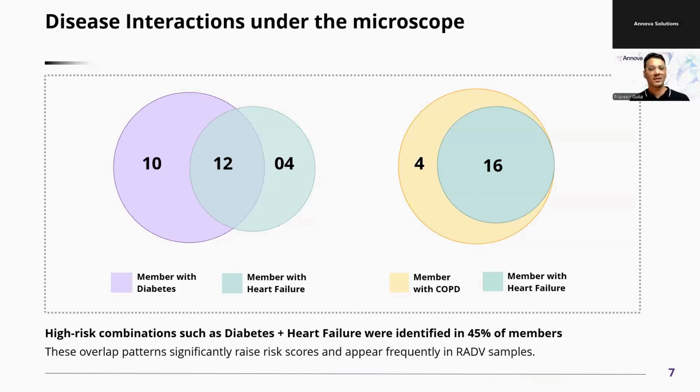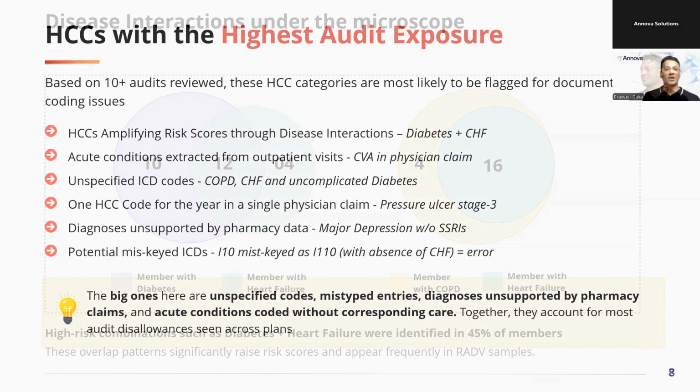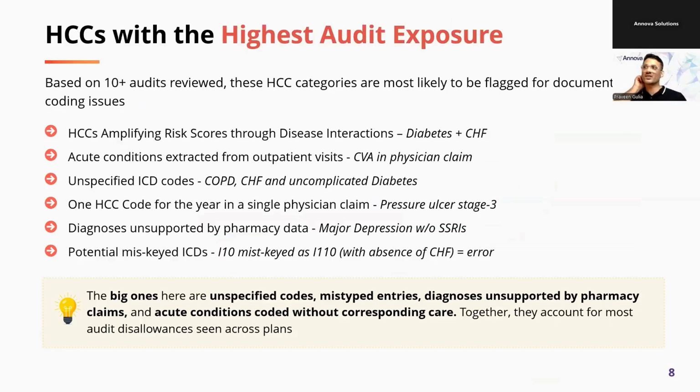So definitely, the disease interaction factor is one big area of audit in the RADV, which is not directly documented in the OIG findings, but it is there. We have found in the RADV sample that the disease interaction factor is obviously a great interest area for the regulatory audits.